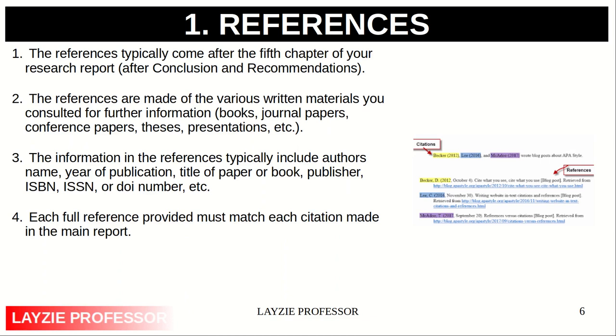The shorthand of these references are called citations, and you make them inside the reports. Each citation that is made inside the report must correspond to a full reference at the reference section in your report. Typically all the full references would have to be arranged in alphabetical order, and each one of them must match each citation inside the text.